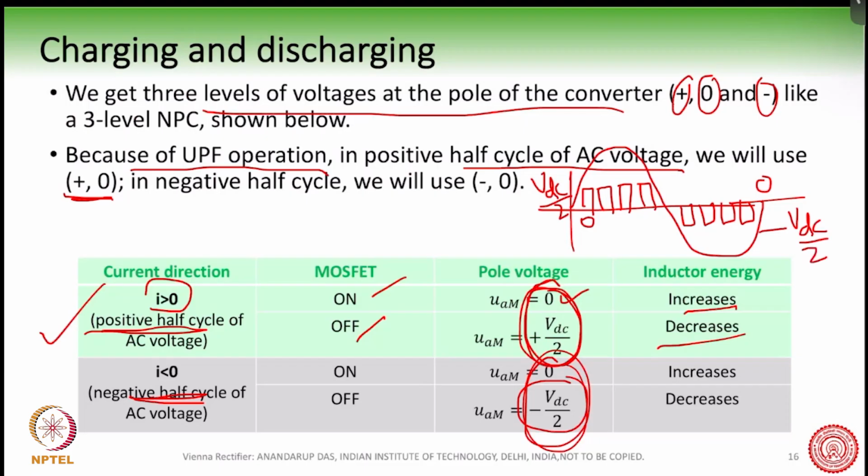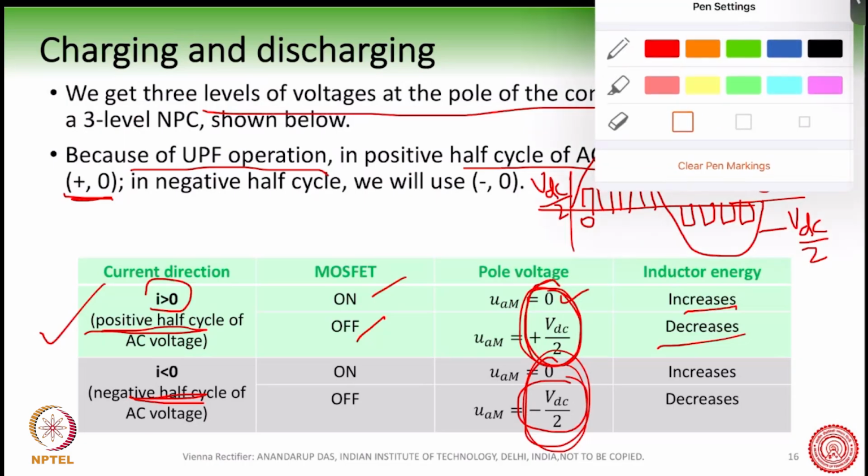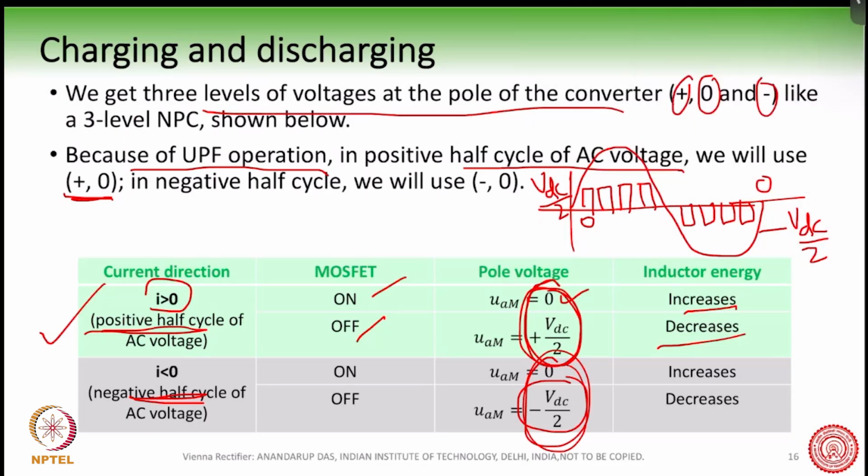So the fundamental component of the AC waveform is very well known to us. We have done this several times while we were doing sinusoidal PWM. If we do like this, our AC is basically embedded in this series of pulses, and by changing the pulse width, we can change the magnitude of the AC voltage.